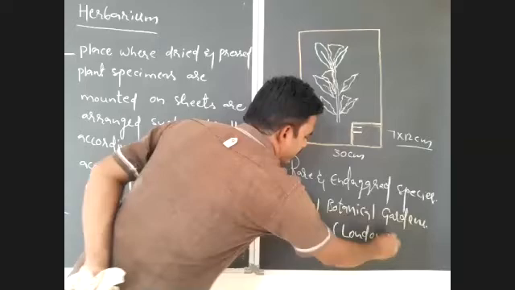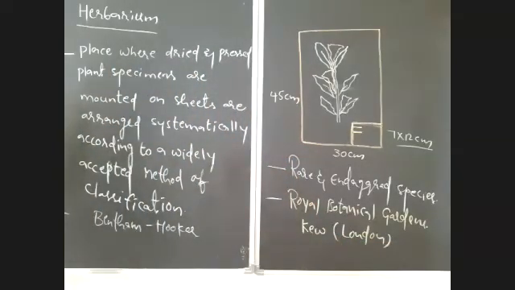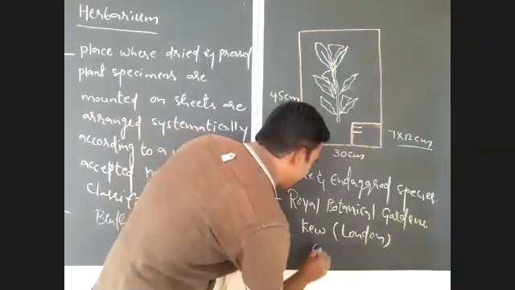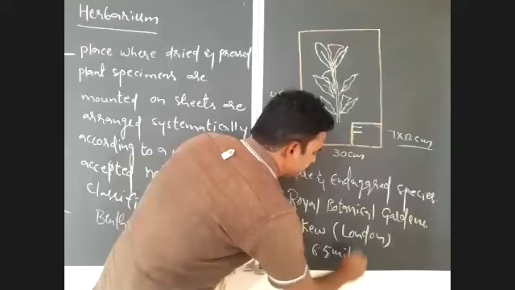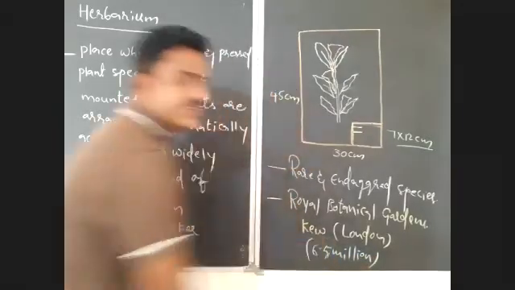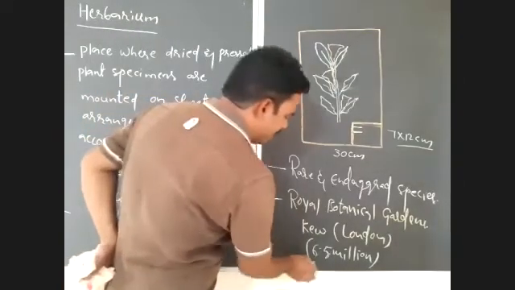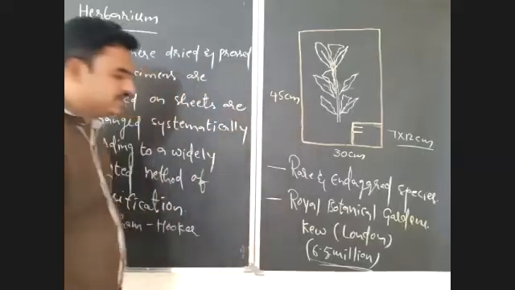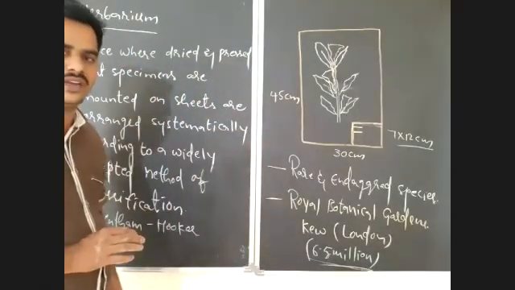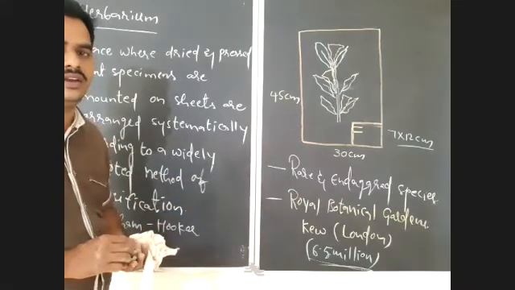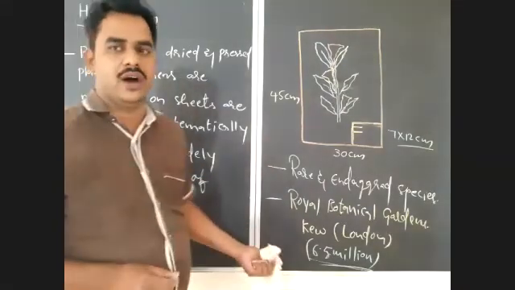See, this is the largest herbarium in the world, where 6.5 million herbariums are preserved. How many herbarium specimens are preserved in the Royal Botanical Gardens herbarium? 6.5 million. Okay, 65 lakh specimens are available in the Royal Botanical Garden. It is located in Kew of London.